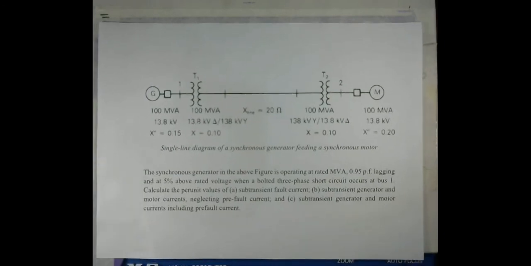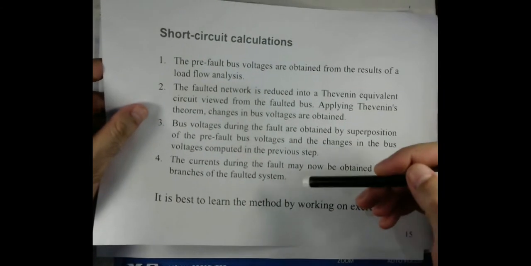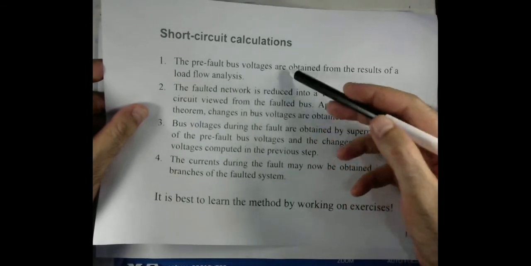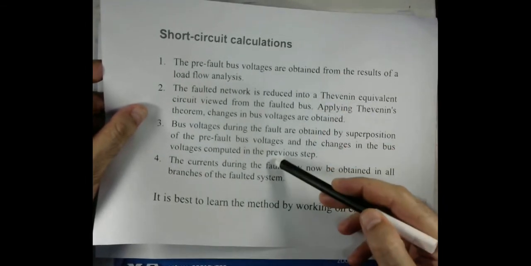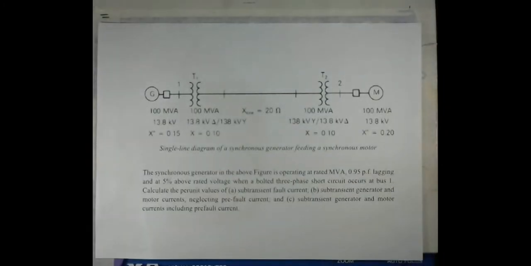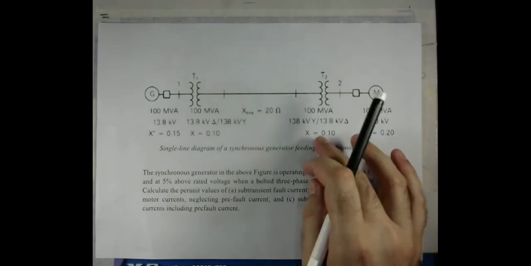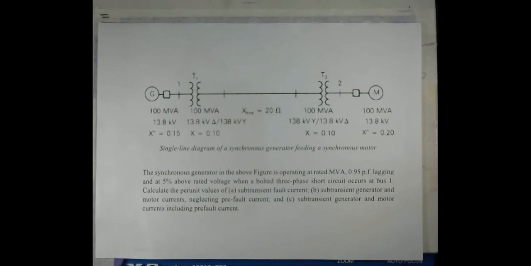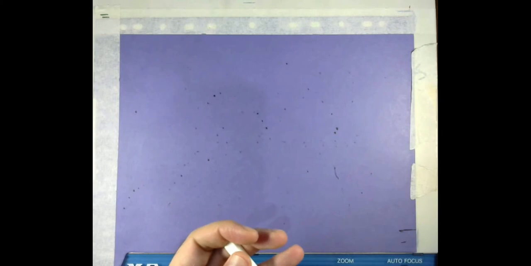So now let me once again follow all these steps that I mentioned in the last lecture, as well as in this lecture, to analyze this particular network using the Thevenin theorem.